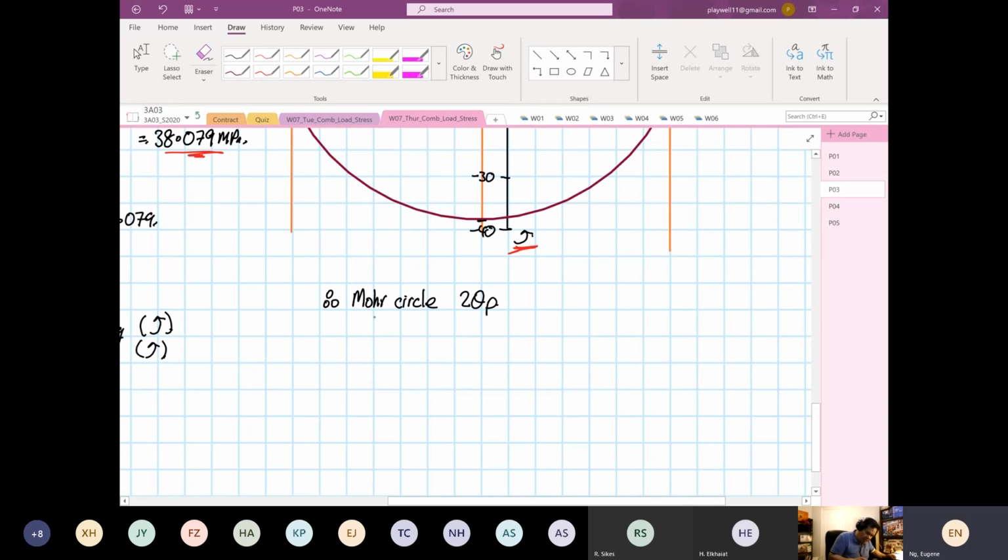On the element it is theta p. That's it. That is the only reason. What is the P? Principal plane. Okay, P down here represents principal plane.